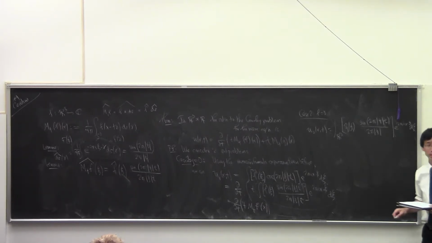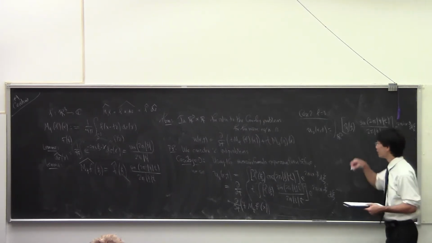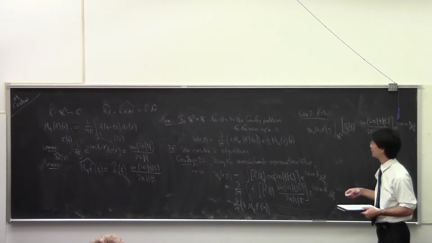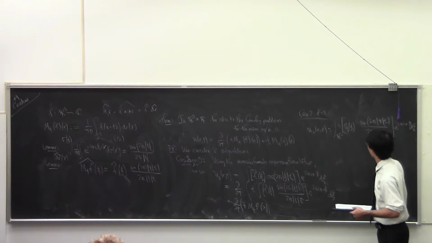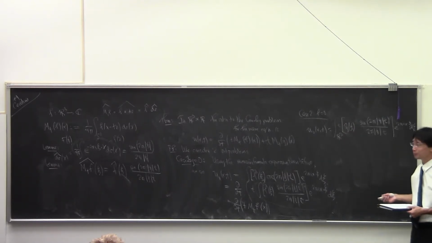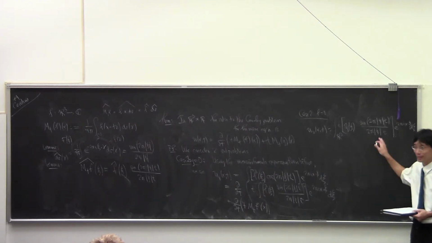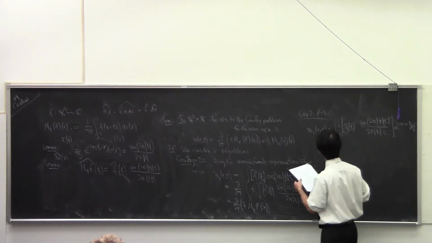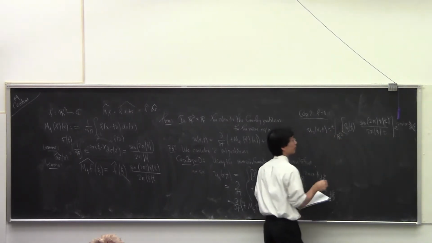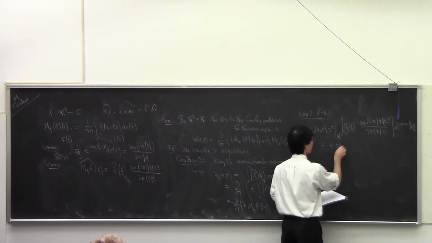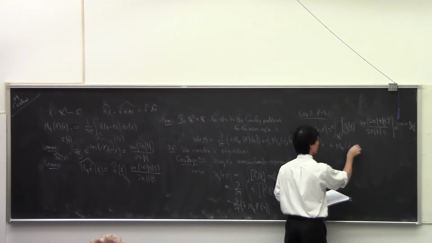Now we do something even less mysterious. We multiply and divide by t to get the t in there. And now we've got t times the spherical average of g.